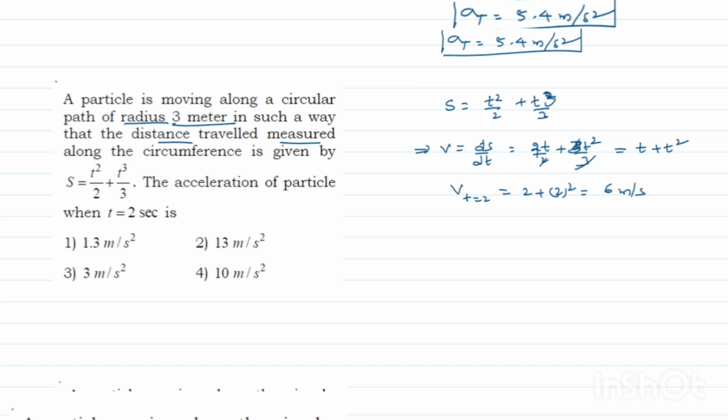Now the tangential acceleration a_t equals dv by dt. Again differentiating t plus t square: d by dt of t is 1 and d by dt of t square is 2t. So 1 plus 2t.